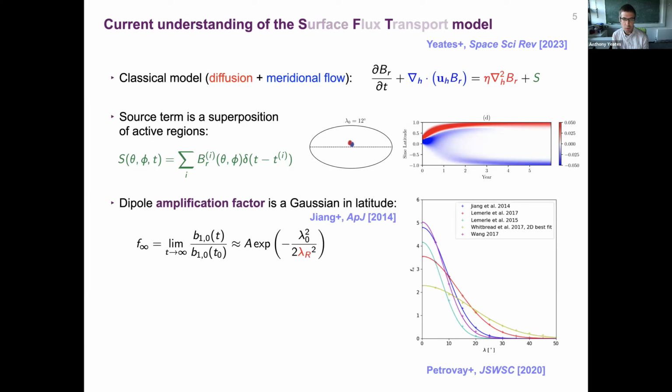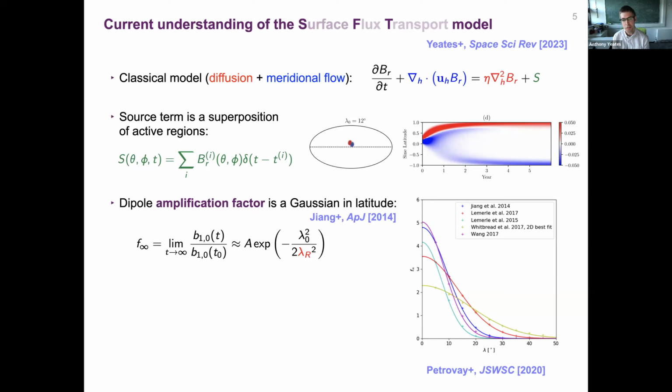There's been quite a lot of work done on how an individual active region evolves, and there's been progress relatively recently, in the last 10 or so years. In particular, we've learned that what I call here the dipole amplification factor is a Gaussian in latitude.